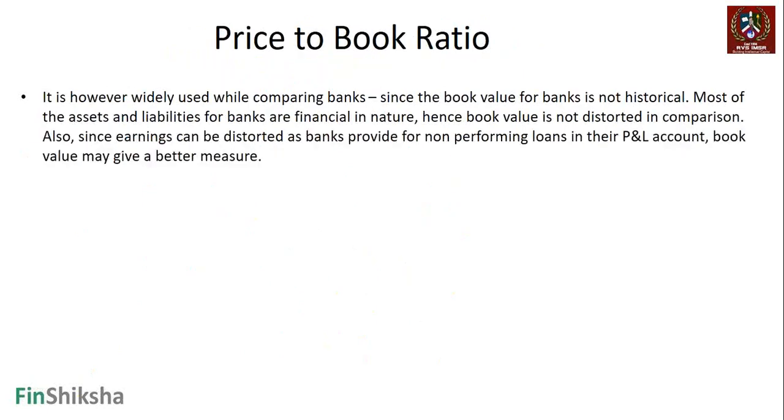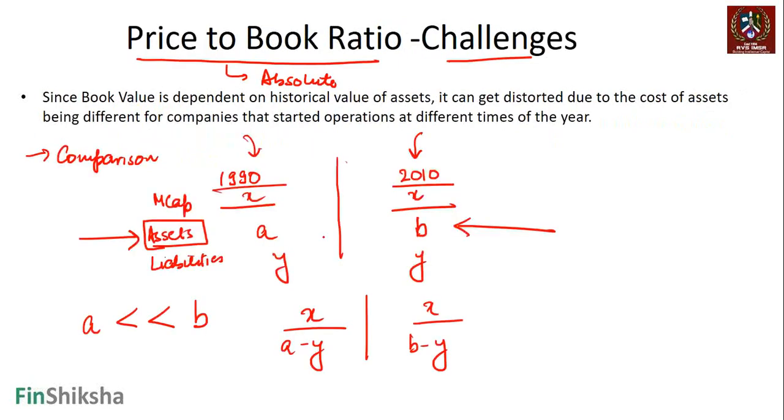And logically, then we can now arrive at our understanding on why it is widely used to compare banks. Why is that so? Because in the case of banks, both A and B, these assets are largely financial in nature, right? So it's not like land or building that is the biggest part of the bank's assets.